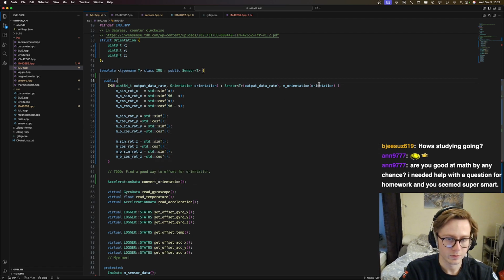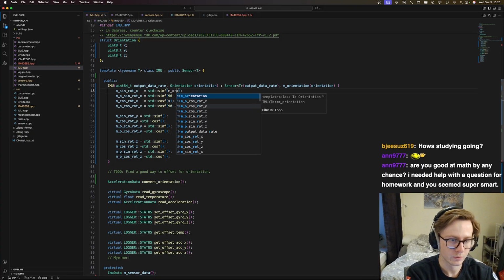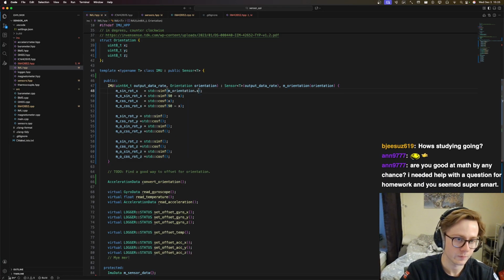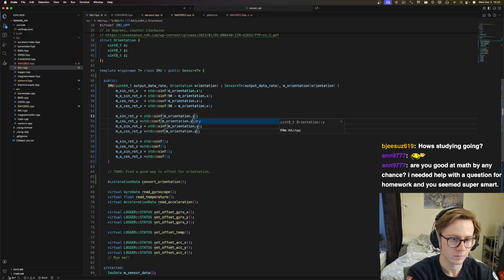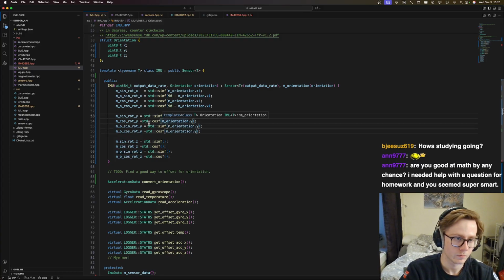Okay, and also this is orientation, so this will be m orientation dot x. That looks like it's switched here. Cos, cosine, sine, sine, cos, sine, cos. We'll just go like this quickly.